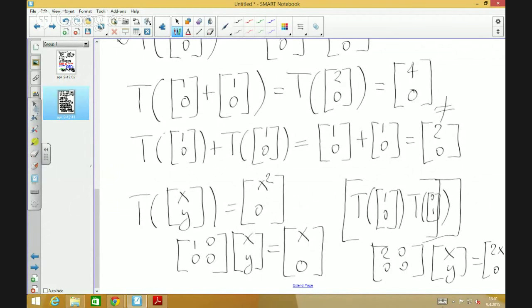Any question about linear transformations? How do you argue whether a transformation is linear or not? Yes? Why do you select the matrix (1, 0; 0, 0)? Okay, the question is, why do you select the matrix (1, 0; 0, 0)?